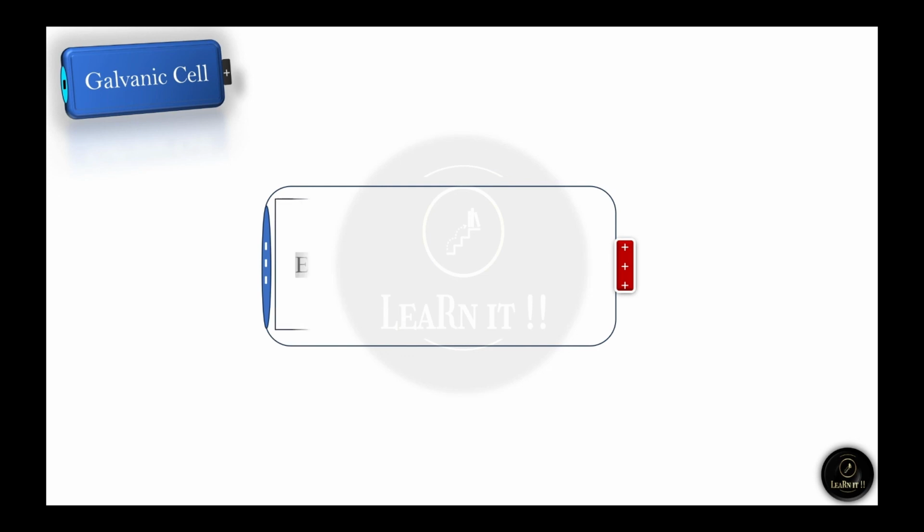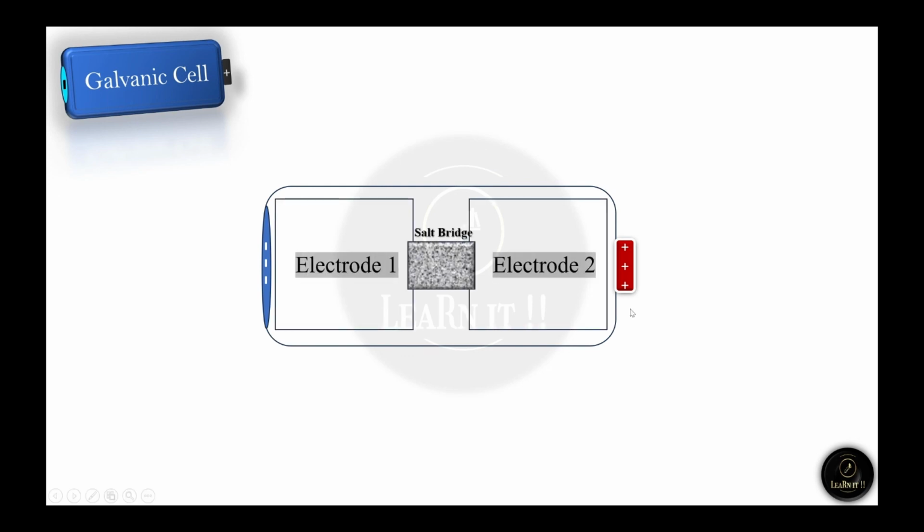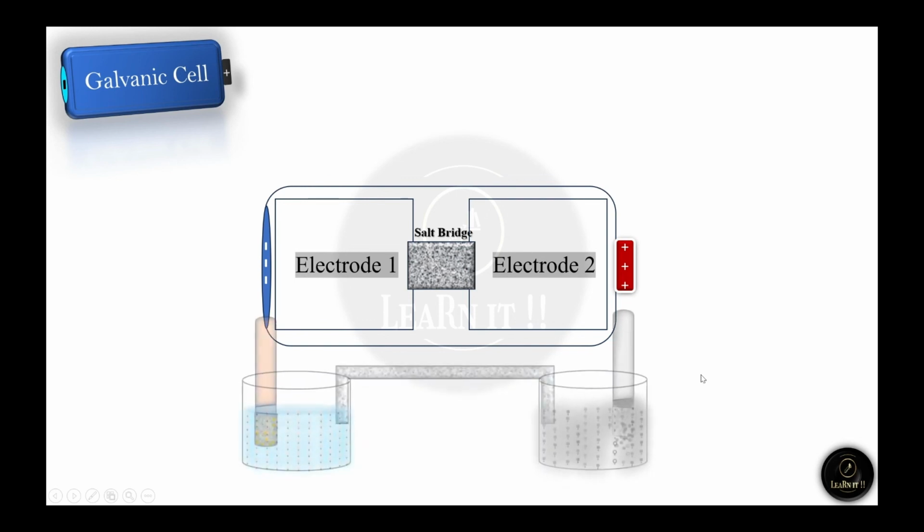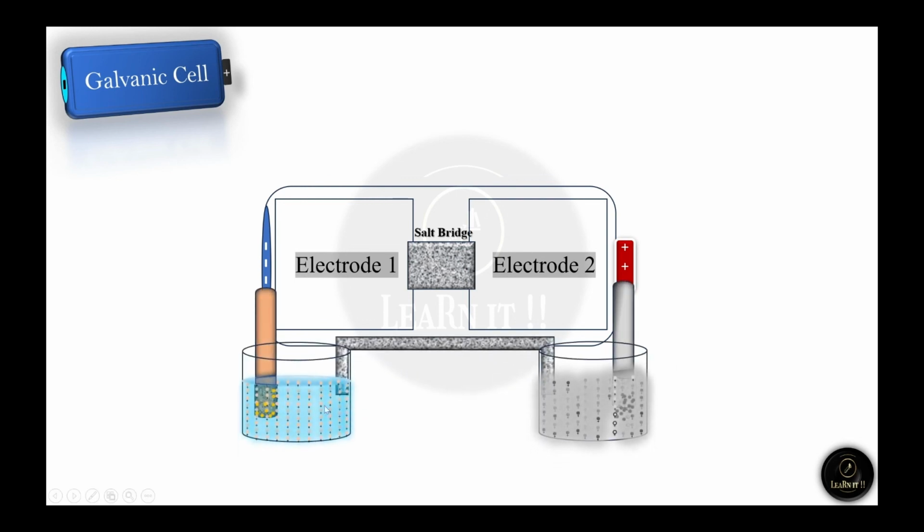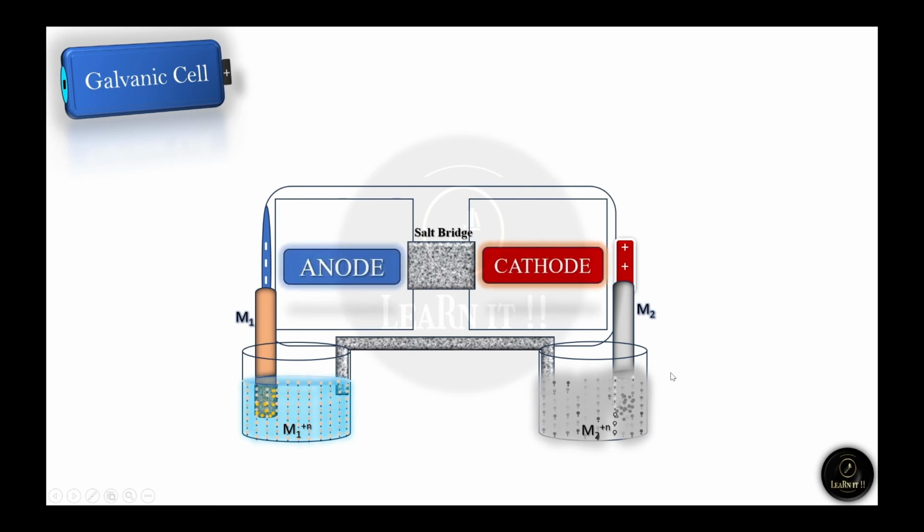A galvanic cell contains two electrodes connected by a salt bridge, which can be represented by two vessels in which two different metals are in contact with their own electrolytes. Here the left hand side has one metal and the right hand side has a different metal. So the left hand side is the anode and the right hand side is the cathode.